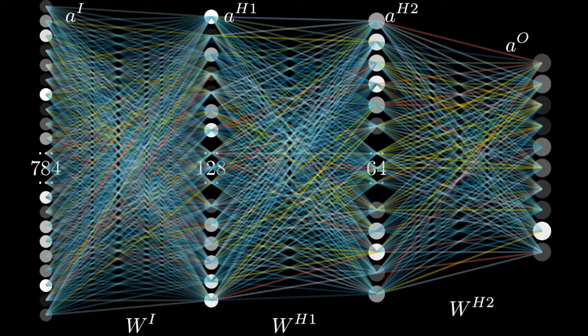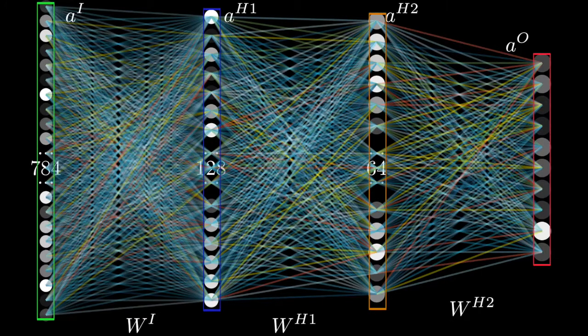The weights connecting each neuron in AH1 to the input layer can be stored in a matrix called WI. The weights connecting the neurons in the second hidden layer to the first hidden layer are stored in a matrix called WH1. And the weights of the output layer are labelled WH2. For clarity, let's restate.